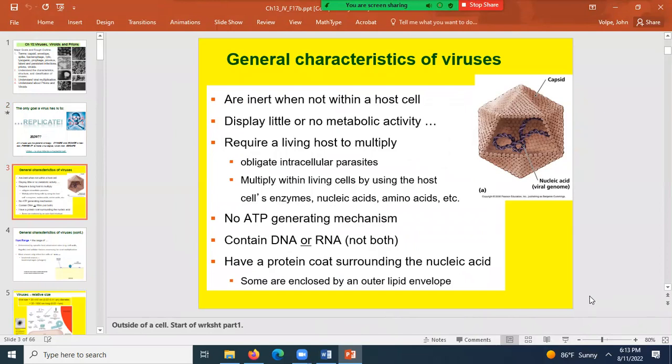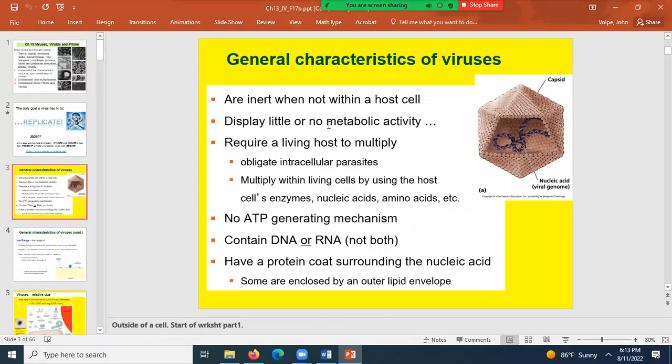Some general characteristics of viruses. They are inert when they are not within their host cell. In fact, they display little or no metabolic activity when they are not inside their host cell. So a virus outside of its host cell has no metabolic activity or little metabolic activity.